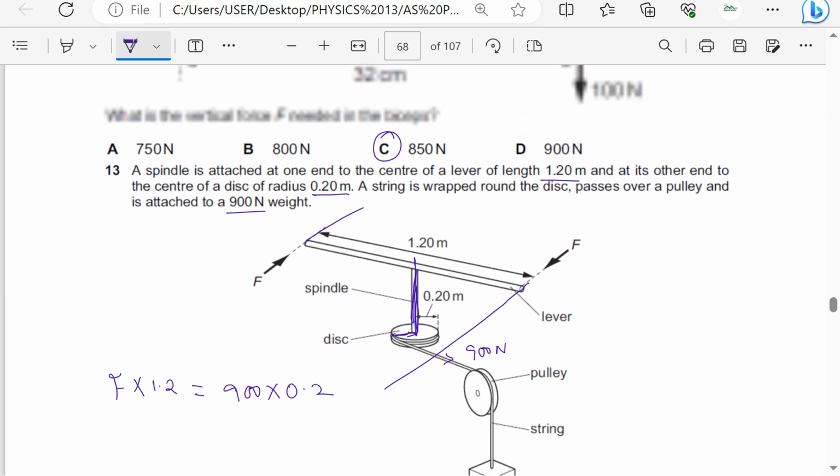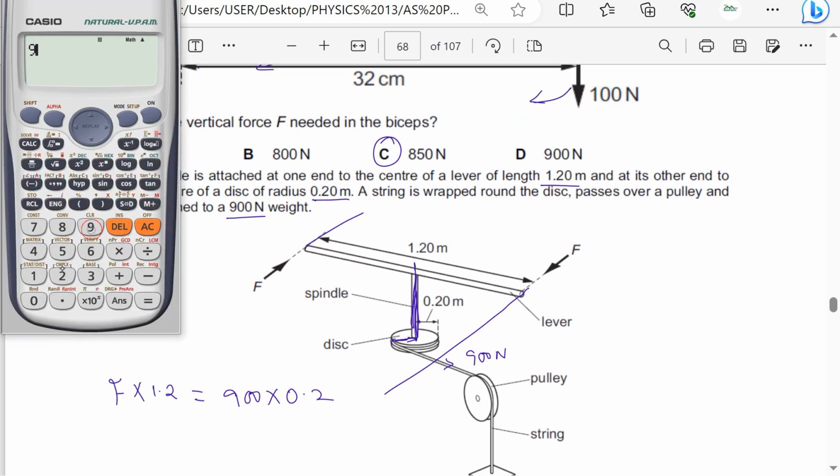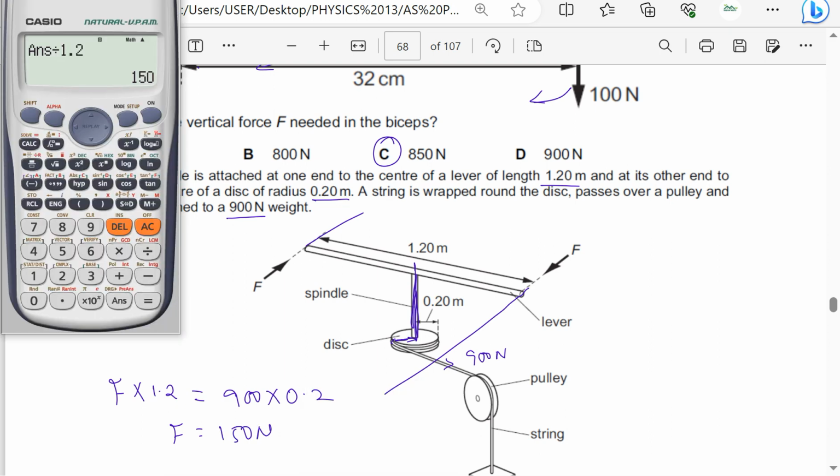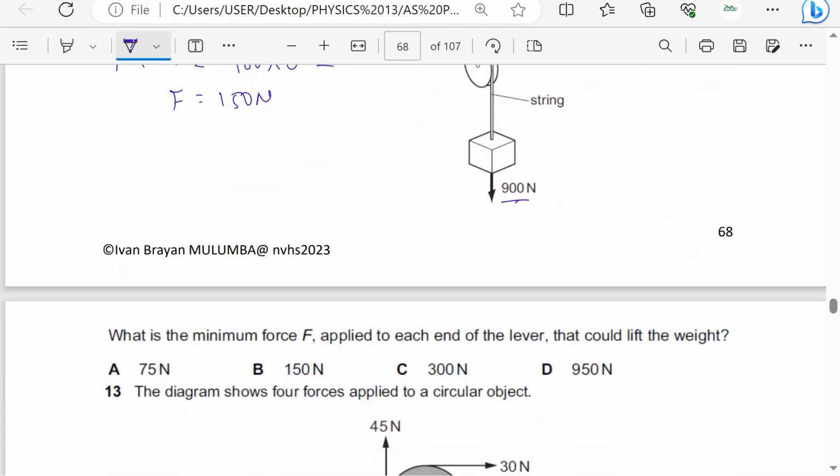So this is going to be 900 times 0.2 divided by 1.2. So the force F, which will lift that, is 150 newtons. So the answer is B.